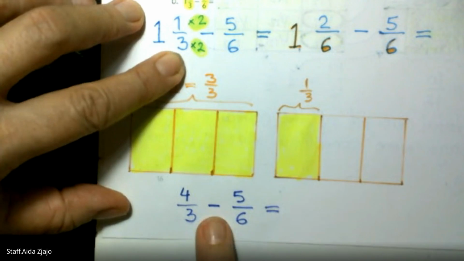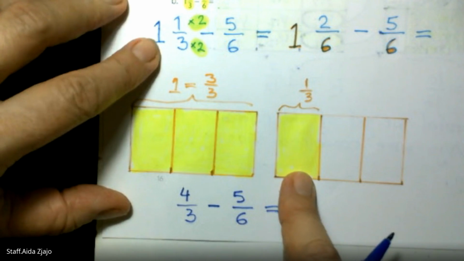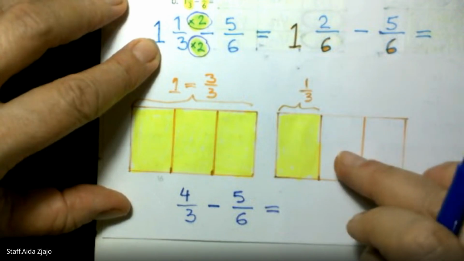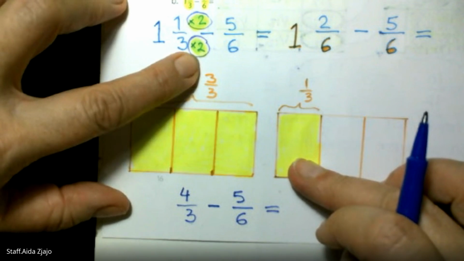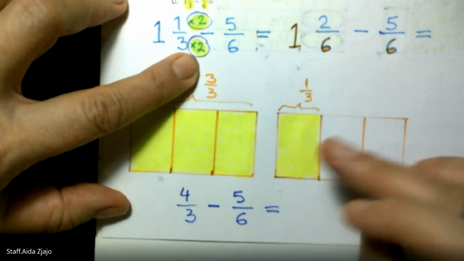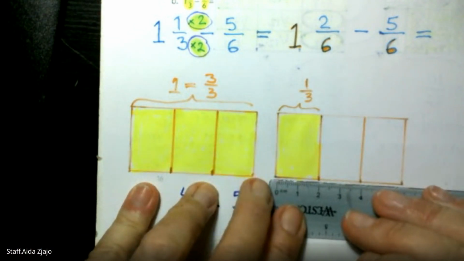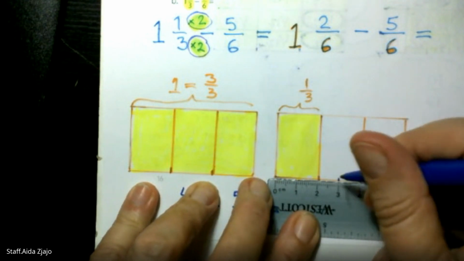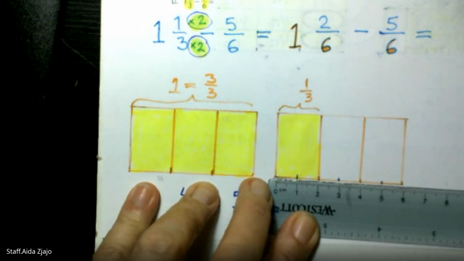So sixths are not the same size as thirds. But I know if I multiply by 2, or in reality, if I cut each third into 2 pieces, I can create 6. In this case, I'm just going to cut each of my thirds into 2 pieces.